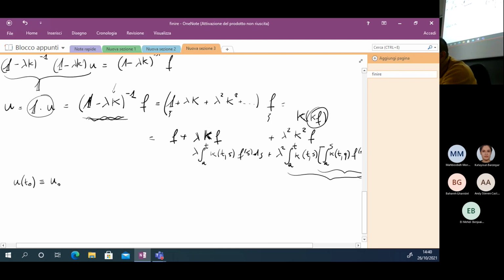Then what I can do is write the sequence of u's which are approximating the exact solution.